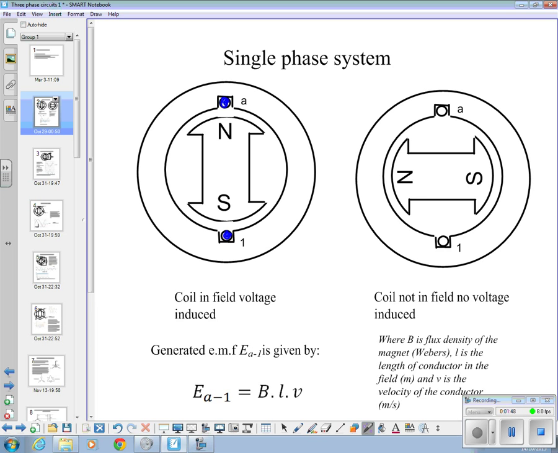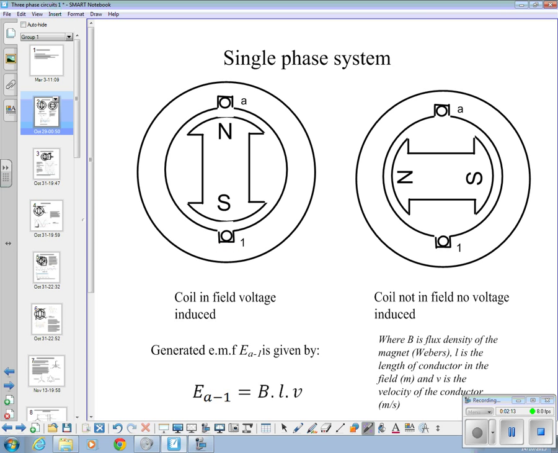Here's your magnet, this permanent magnet turning inside it one way or the other. In the position on this side, the field is cutting across these conductors as it turns, and therefore we'll have a voltage generated in that position.